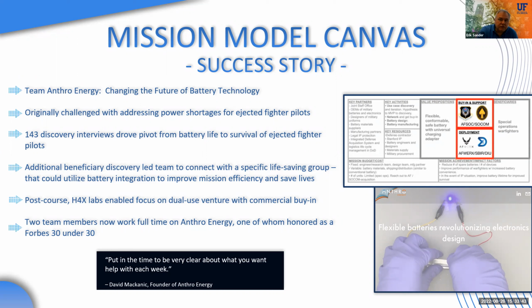Okay. And what's interesting is as they went through this and they spoke with many pilots, what they found is the pilots, those that ejected, those that hadn't ejected but could project themselves in that situation, said their primary concern was not really energy. It wasn't battery power. It was simply survival. So they were very, very focused on survival, and battery power was not really a challenge.